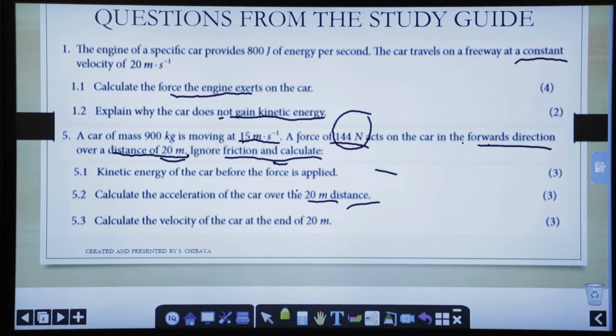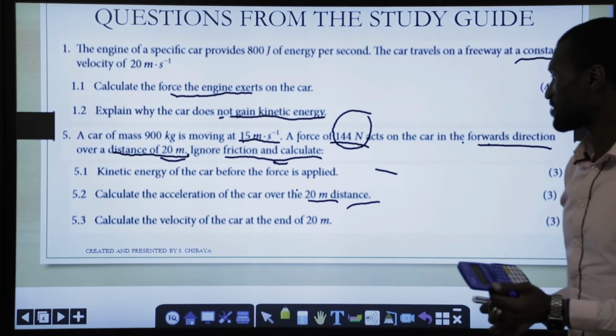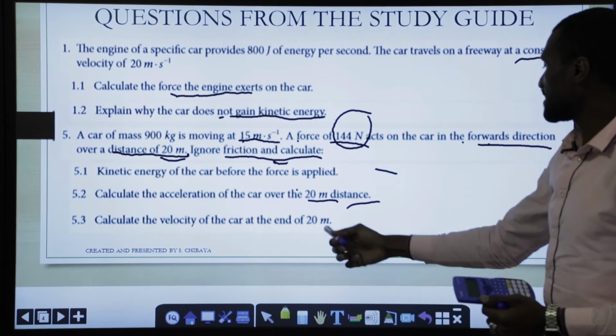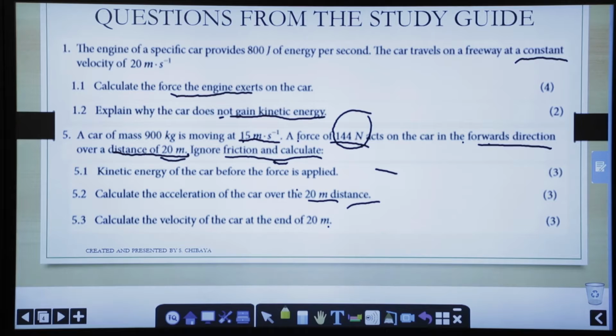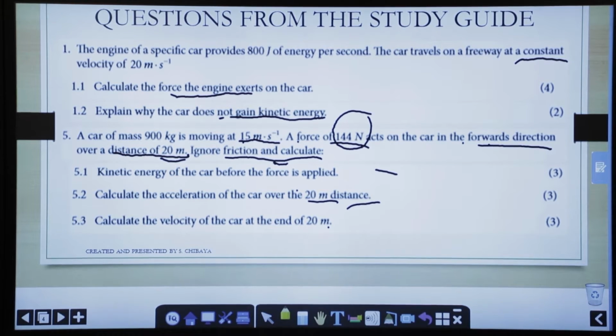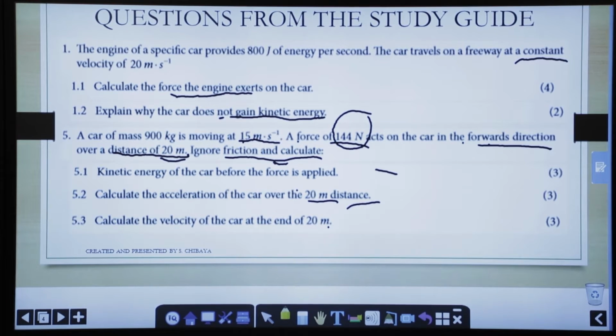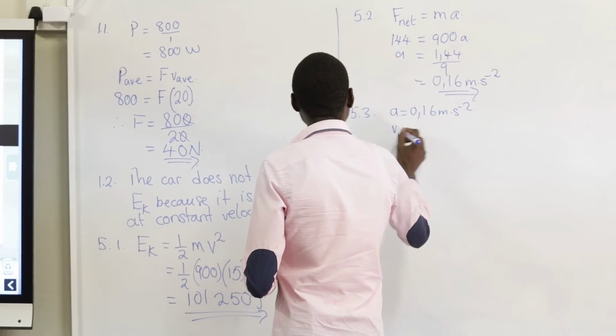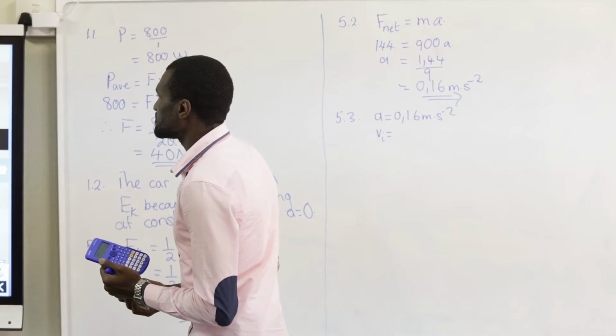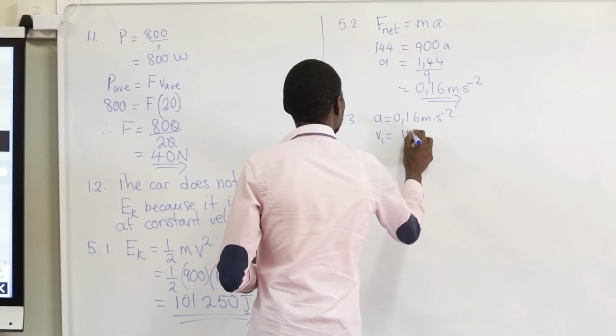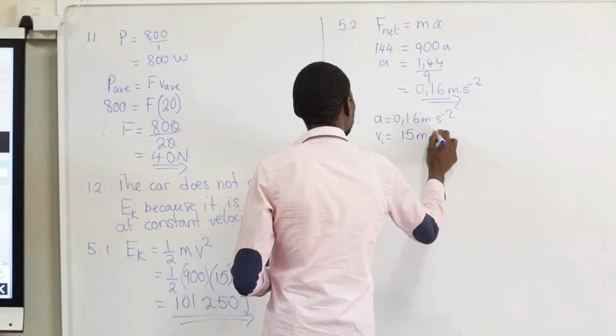Let's move on to the next part. It says calculate the velocity of the car at the end of 20 meters. Now think of it. We've got acceleration equal to 0.16 meters per second squared. We've got V initial being equal to 15 meters per second.